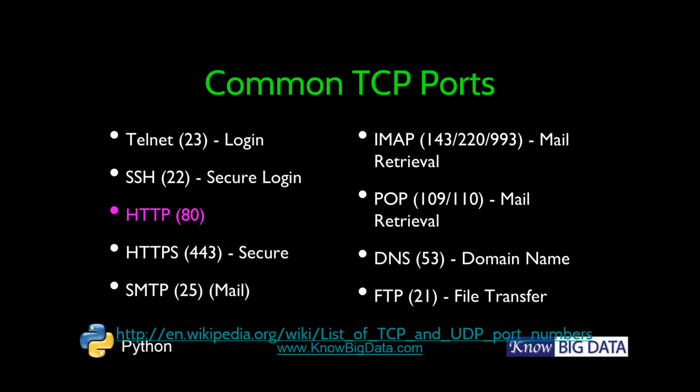The secure HTTP connection is 443. SMTP, the mail one, and the mail retrieval systems IMAP and POP have different port numbers, as do DNS and FTP. You can go through this if you are interested in other port numbers and writing programs for them, but we're going to focus mainly on the HTTP part today.